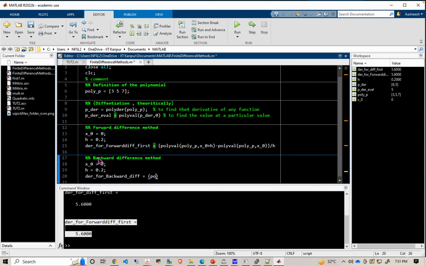So what will be the value of the backward difference method in this polyval? p is the value at which I am calculating. Then comes x naught, so f(x naught) minus f(x naught minus h).